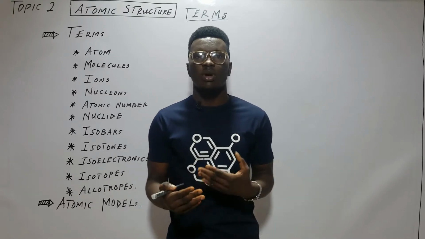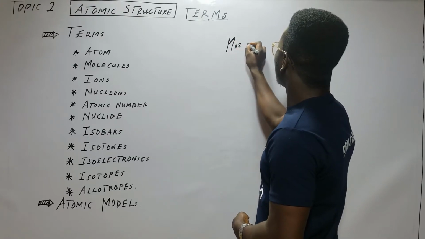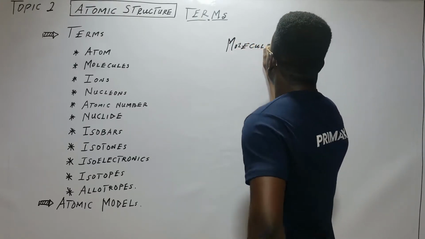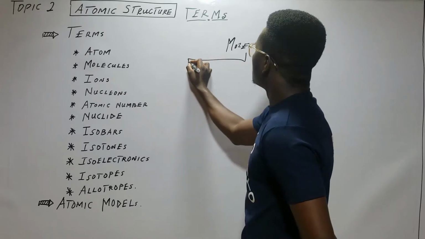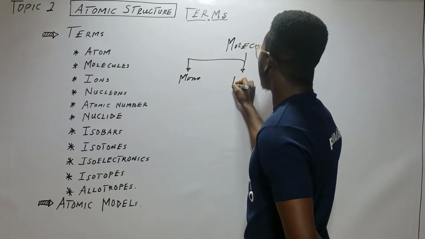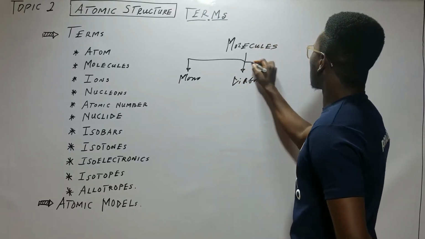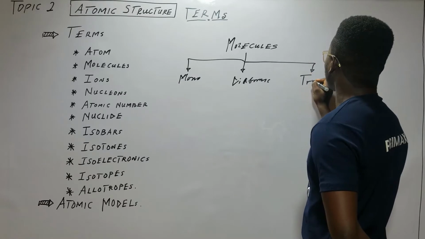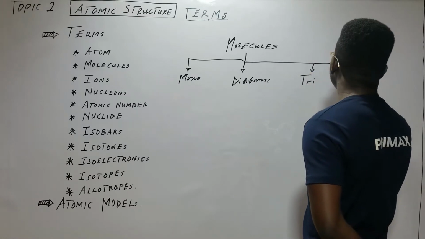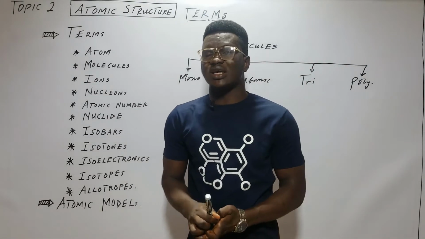So when you're talking about molecules, they can be monoatomic, depending on the number of atoms joined together, can be diatomic, can be triatomic, and can be polyatomic, even up to complex molecules like starch.